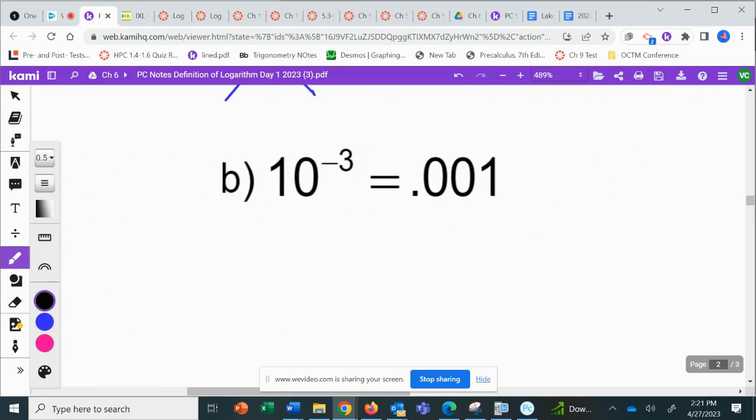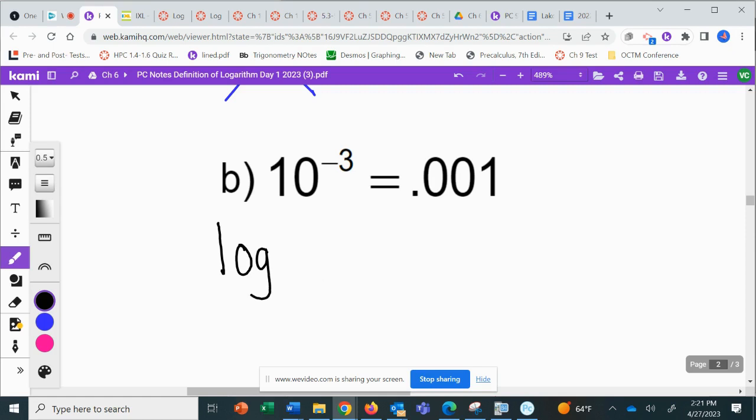Question B. I need to cancel out the base of that exponent. What's going to cancel out a base of 10? Not 10. What is going to cancel out a base of 10? Log, are you saying log base 10? Okay, so log 10 doesn't mean log base 10, so please, log base 10. But when I write log base 10, I don't write log base 10.